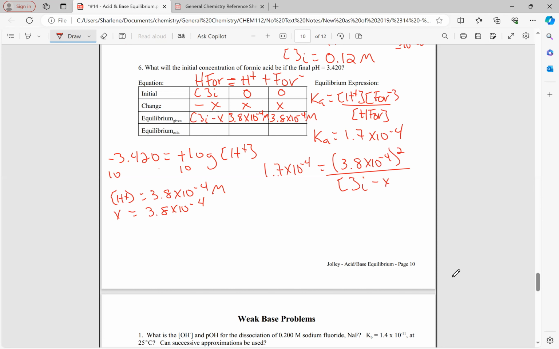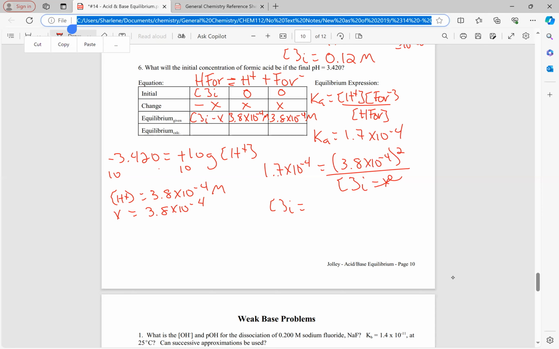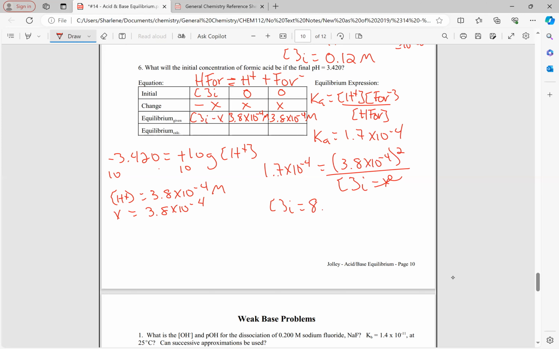All right, I'm going to ignore that and check it. My initial concentration turns out to be 8.5 times 10 to the minus fourth. Okay, now I can already tell we're going to have a problem because these have the same magnitudes.